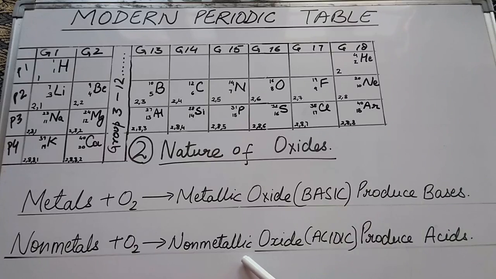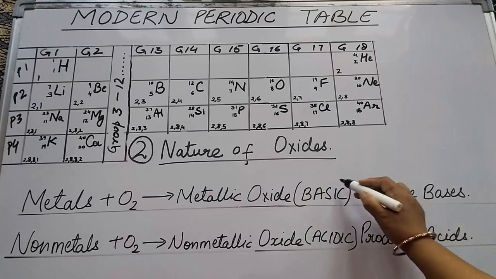Whereas non-metallic oxides, they have acidic nature, which means when dissolved in water, they are going to produce acids, like sulfuric acid, nitric acid. The sulfur oxides will give you sulfuric acid. The nitrogen oxides are going to give you nitric acid, likewise. So the basic oxides, these will be located on which side?